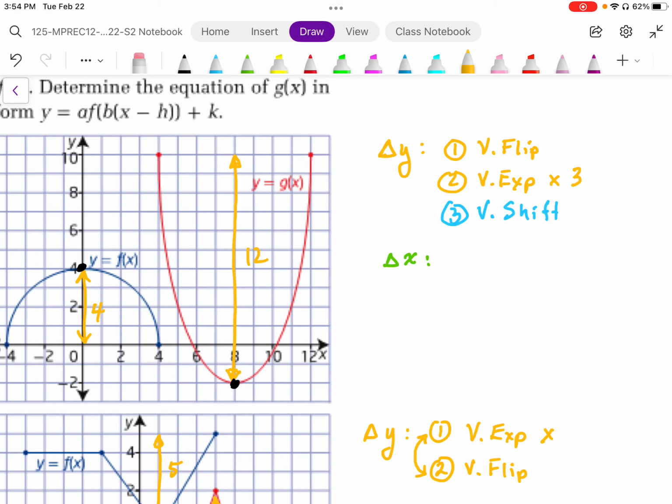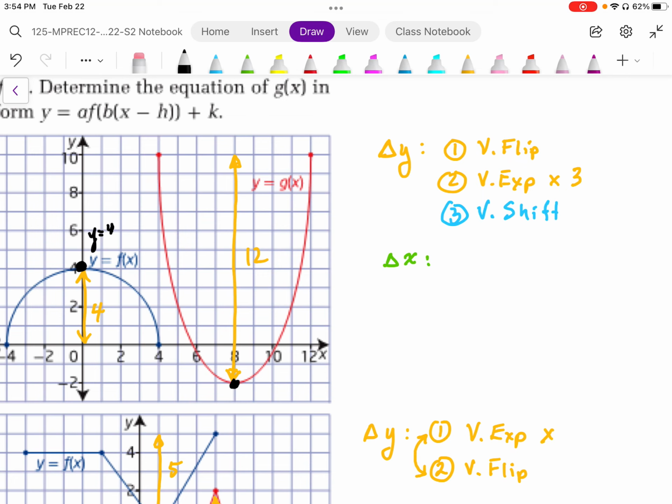Now I just got to figure out where the shift ended up. And to do this, I'm going to just keep track of one coordinate. The one coordinate I'm going to keep track of is this one right here, that coordinate of 0, 4. And more importantly, it's y equals 4. Now I just got to figure out where it ends up.